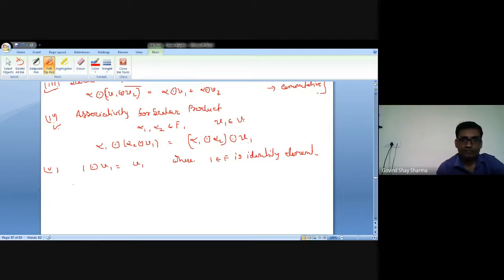Now, a remark: if we take the field F equal to R, then (V, +) is said to be a real vector space.